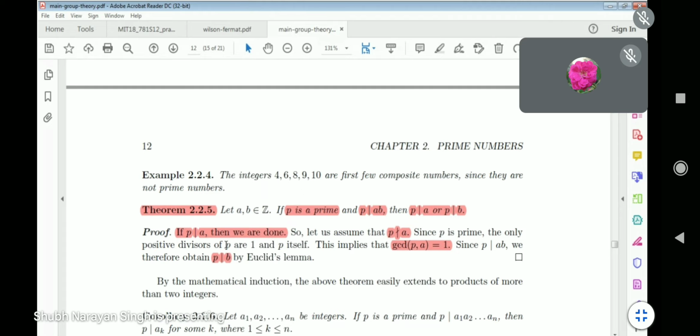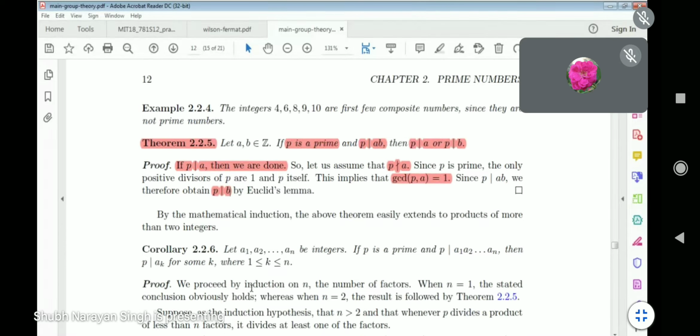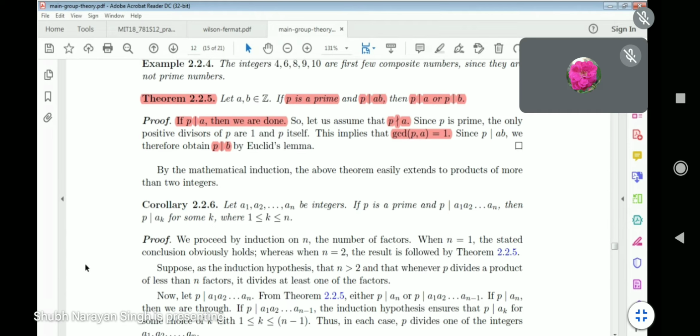And you can generalize statement 2.2.5 from the product of two integers to more than two integers. I have written this proof, and if anyone is interested you can read it. I write this statement as corollary 2.2.6.